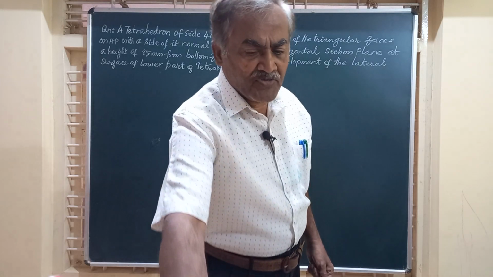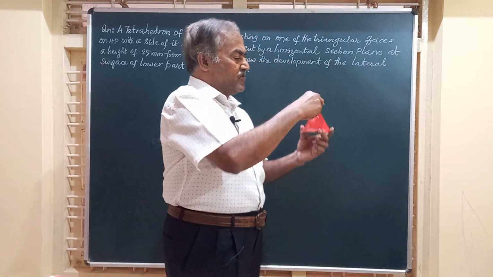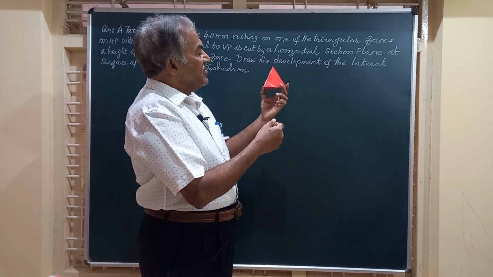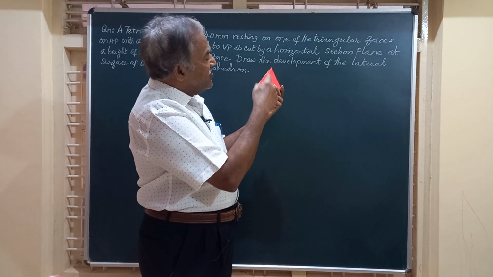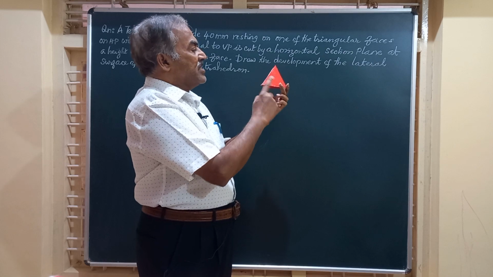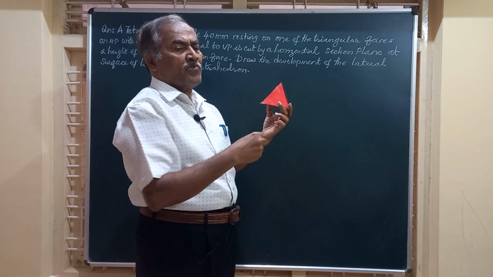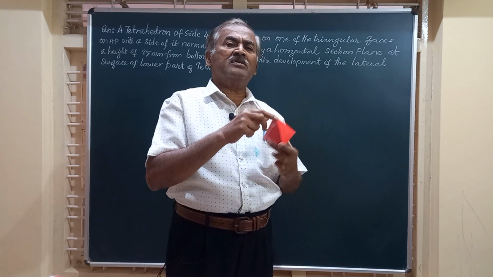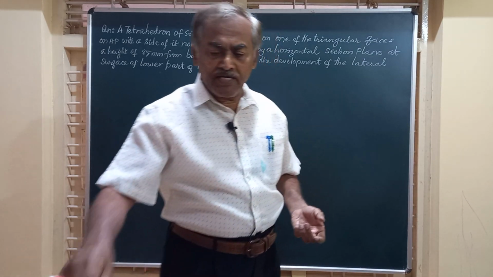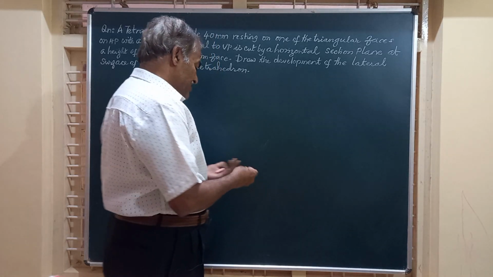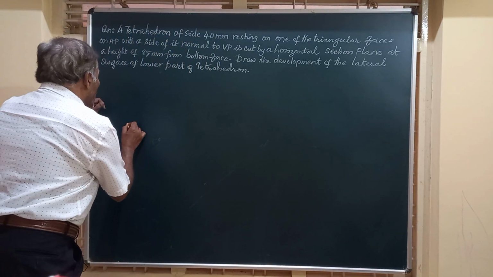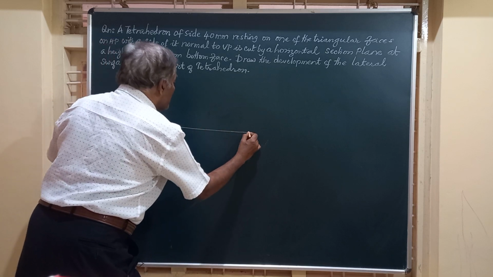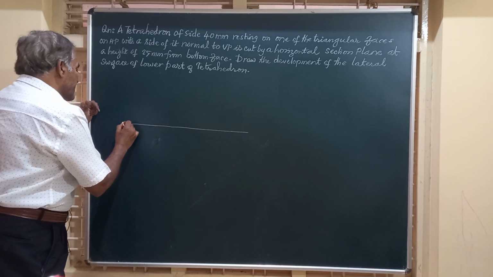Friends, when you see this, you can see in the front view a triangle, and in the top view an equilateral triangle with all the corners of the triangle joined to O, the center. So we will commence the problem by drawing the front and top views of the tetrahedron.